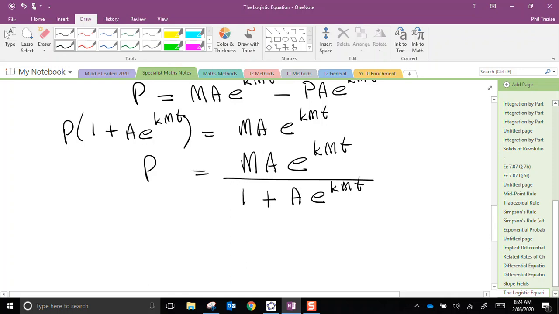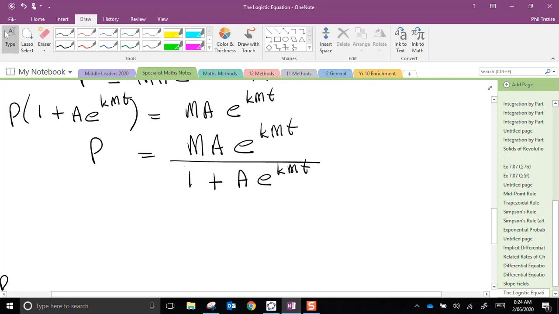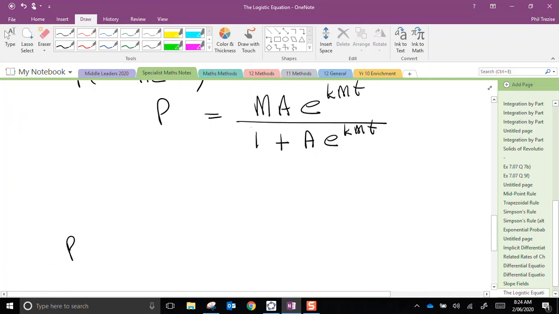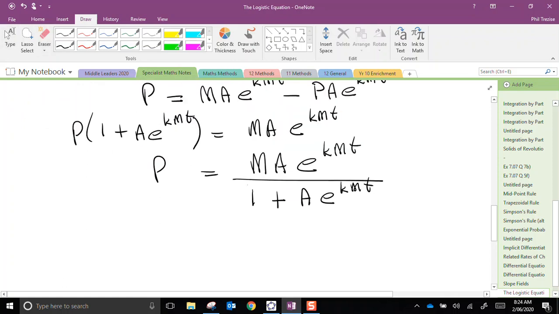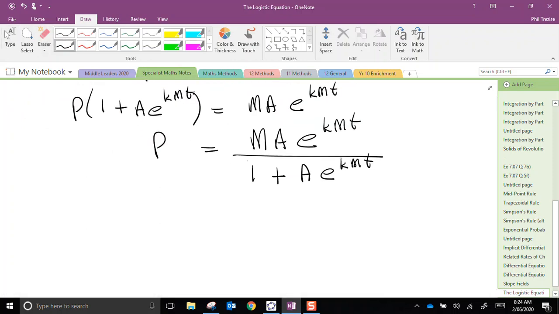Now we could stop there, but it's a little bit messy to have the pronumeral t in the numerator and the denominator. It works, but we can tidy this up with a little trick that we can use: multiply by e to the negative k m t in the numerator and e to the negative k m t in the denominator.